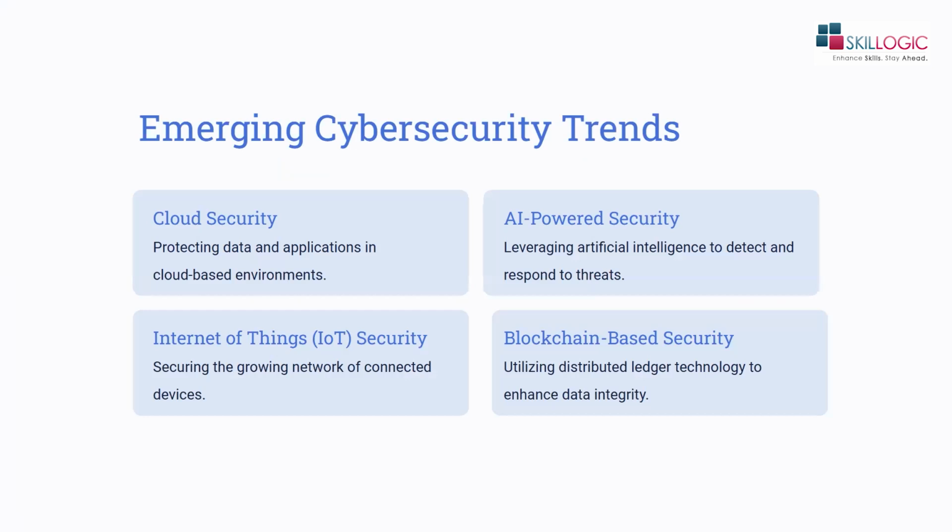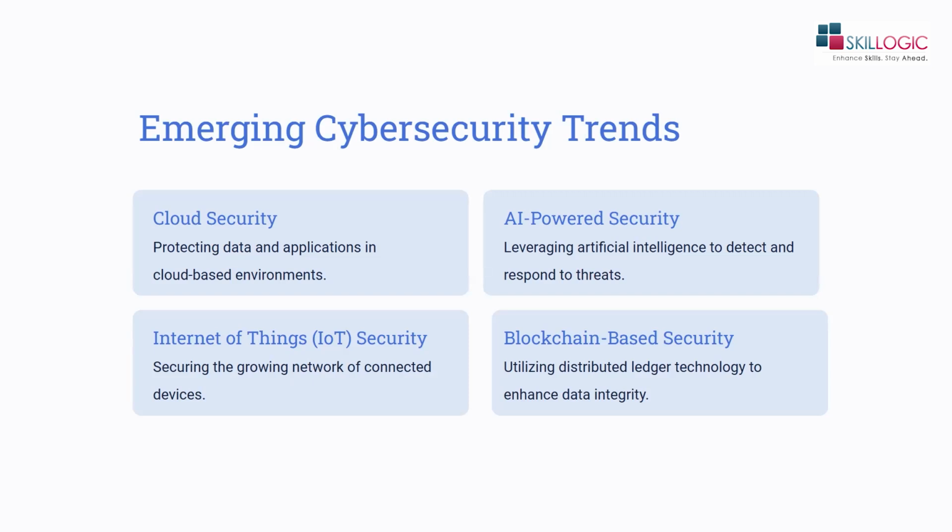Data should be encrypted both in transit and at rest, and we implement robust IAM, identity and access management policies. We also have SIEM analysts and SOC analysts, so organizations ensure their cloud infrastructure is completely protected.